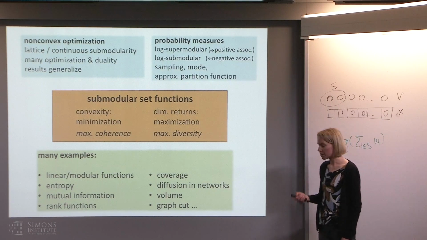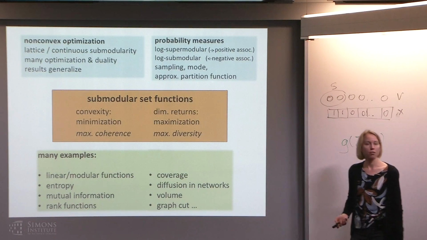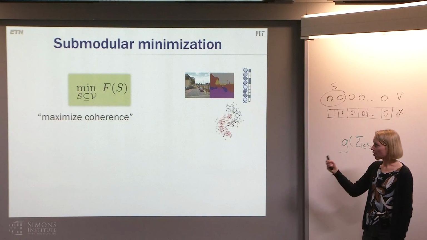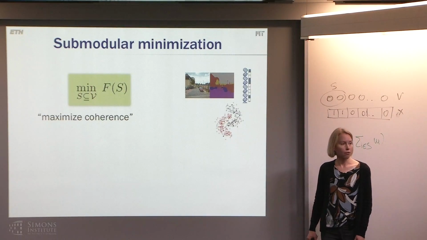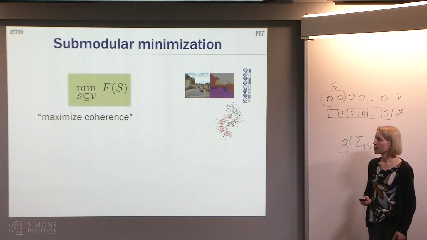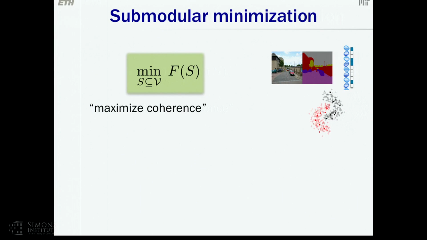So now let's look a little bit at the computational properties of these functions and at optimization. The first part will be minimizing a submodular function. So we have our function, we want to find the minimum value. That is a discrete optimization problem. How do we use the properties of submodularity to make this, ideally, a polynomial time thing to do?